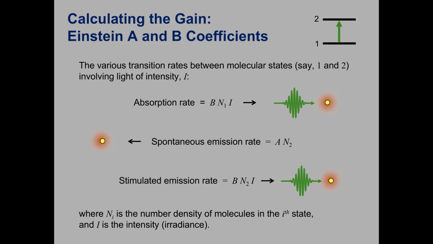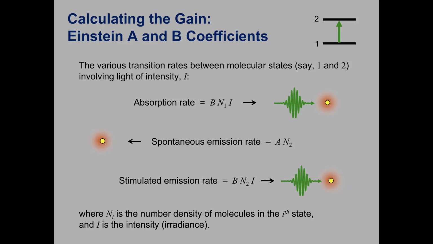So we're going to define a few here. The way these are going to be defined, the absorption rate is going to be the amount of photons per second that are absorbed by a material.